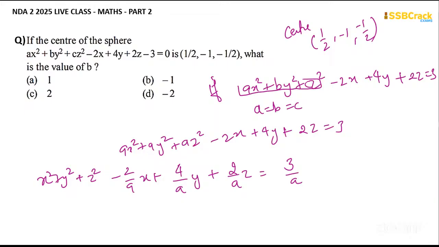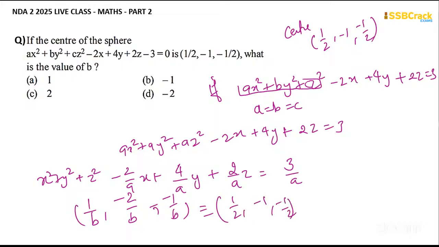Okay. So from here we can say that 1 upon b, minus 2 upon b, minus 1 upon b is the same as minus 1 upon 2, minus 1 and minus 1.